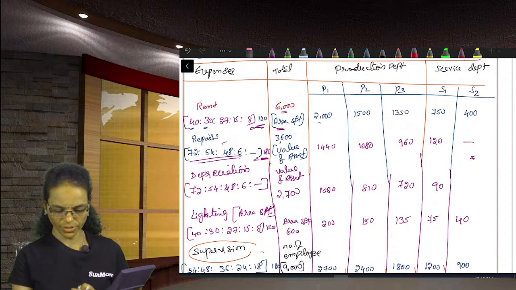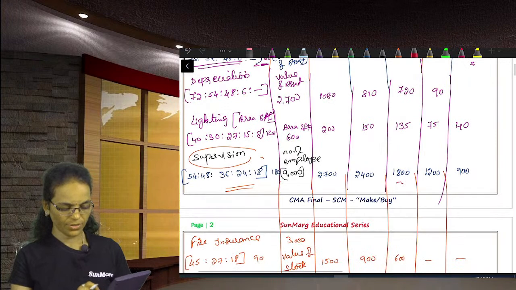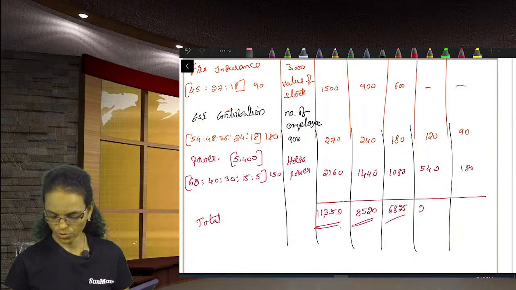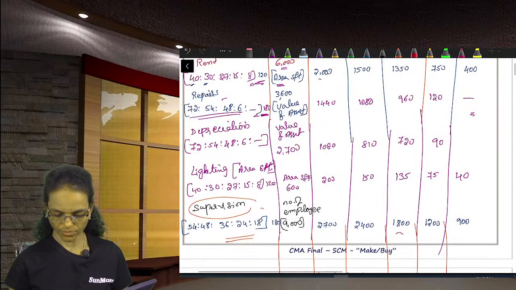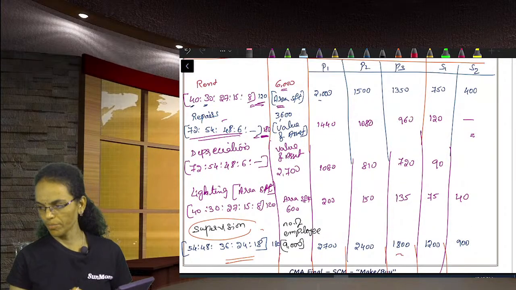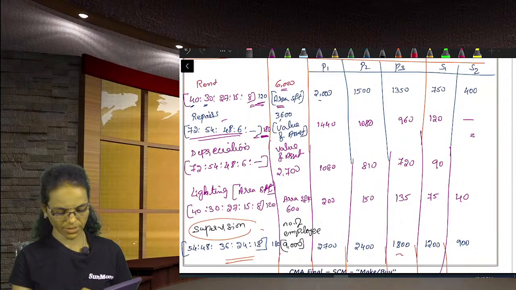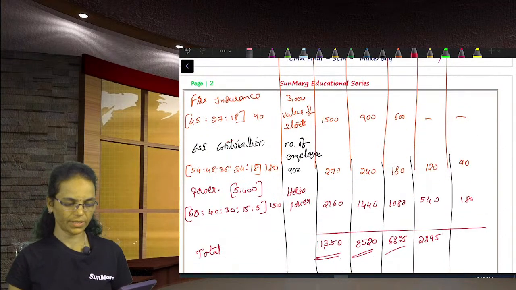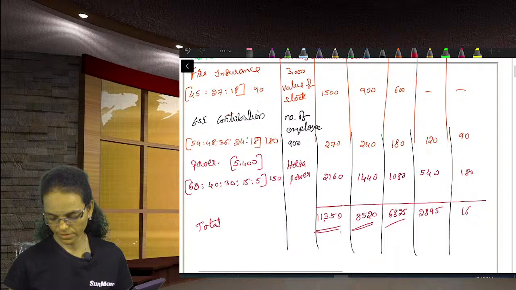Then 750 plus 120 plus 90 plus 75 plus 1200 plus 120 plus 540 is 2,895. Then 400 plus 40 plus 900 plus 90 plus 180, that is 1,610.